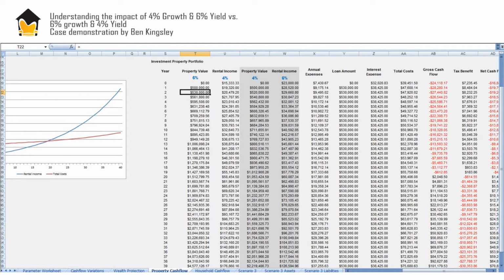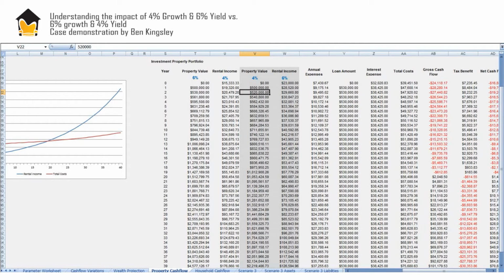In this side of the conversation, we've got 4% growth. If the property grows at 4%, our property is worth 520 at the end of that first year, based on a lineal assessment. But the rental income is obviously significantly higher. So this property is generating stronger cash flows, again for those people who may need that cash flow early on.